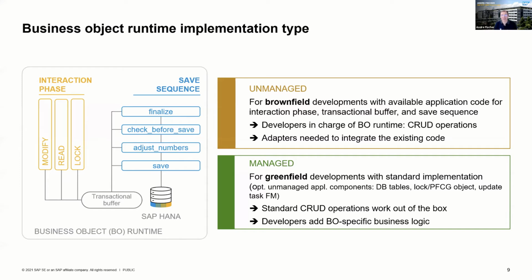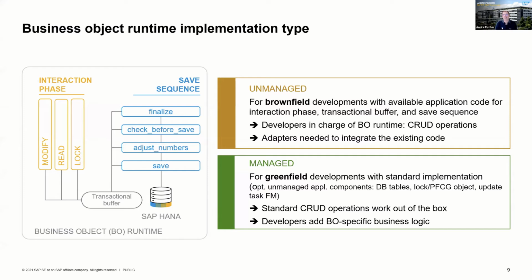Then adjust numbers is a phase. This is for so-called late numbering. There are certain business scenarios that need gap-free numbering. So if there is a sales order 2, there must be a sales order 3 before having a sales order 4. You must not have sales order 2 and sales order 4 in the system, but no sales order 3.